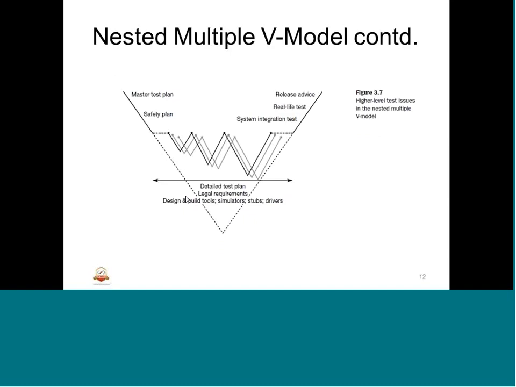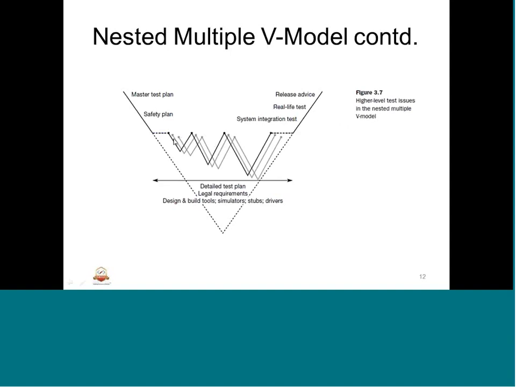Therefore, you can see at the bottom detailed test plan, legal requirements, design and build tools, emulators, etc. All this will be underneath. That means this is common. The same thing is going to be applied for V model 1, V model 2, V model 3.